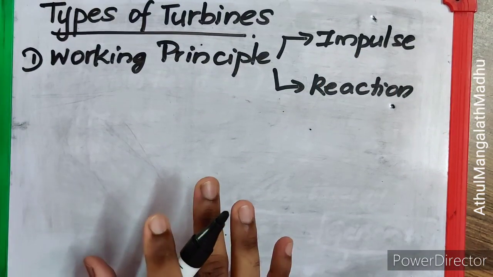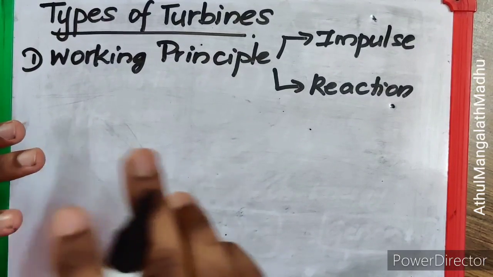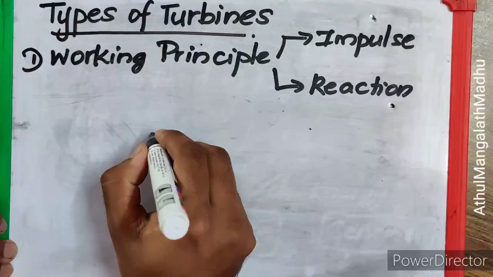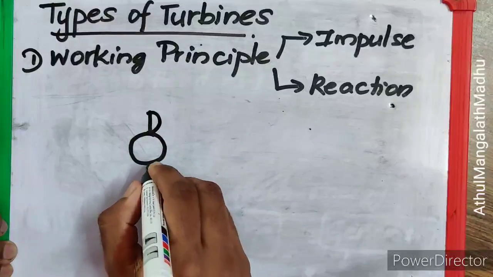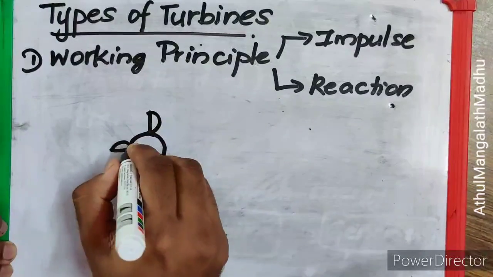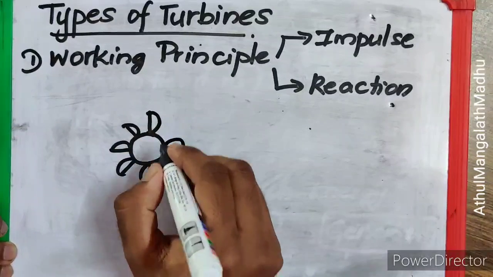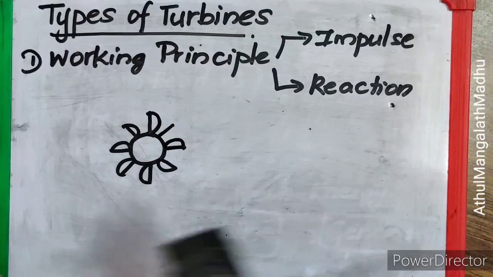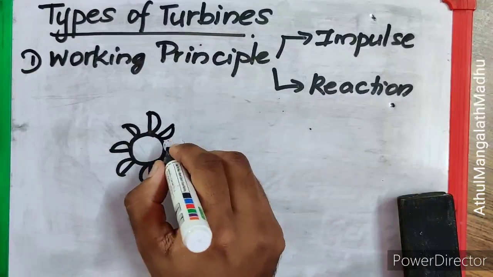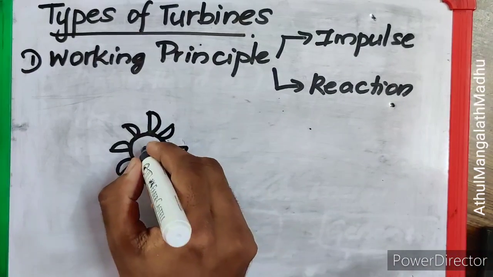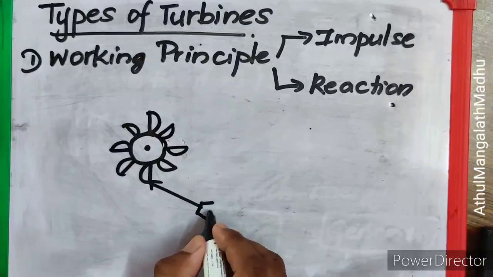What happens in an impulse turbine is that a large force is applied to the turbine, and that causes the turbine to move. Just assume that you have a wheel like this, with some arrangement wherein you have some buckets. These are called buckets. So this is free to rotate about this axis. What happens if I give a jet of water through a nozzle like this?